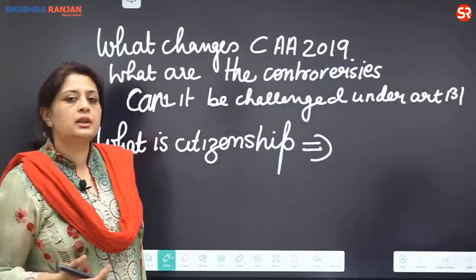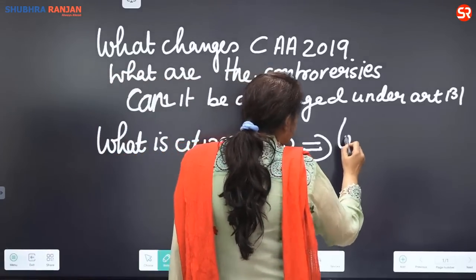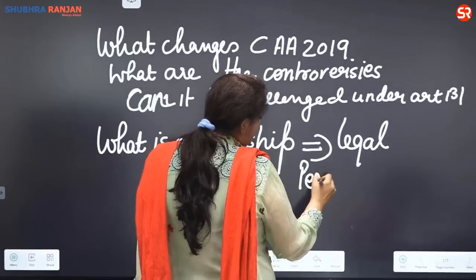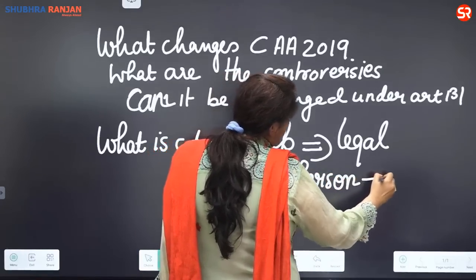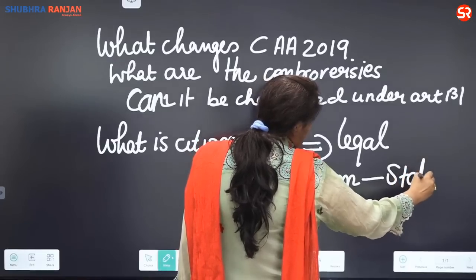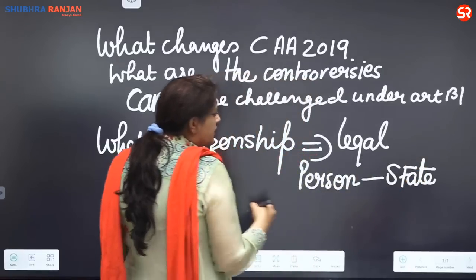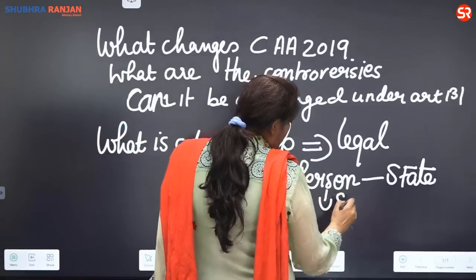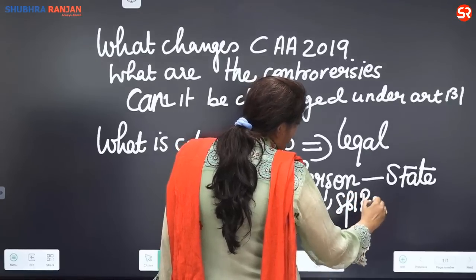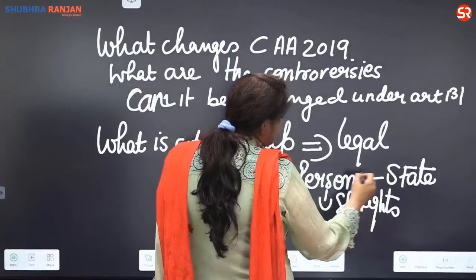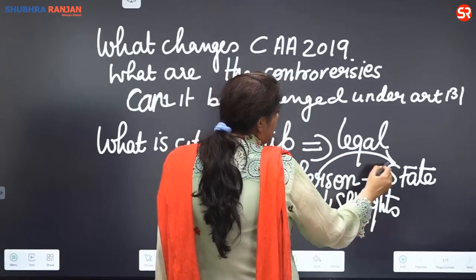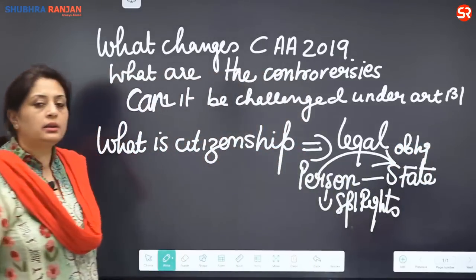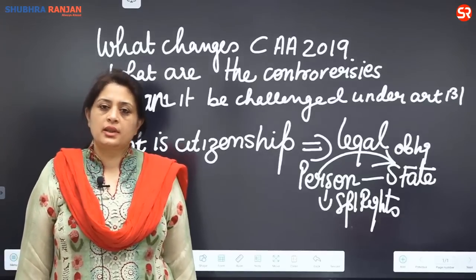Citizenship is basically a legal status between the person and the state of which he is a citizen. So it's a two-way street where the person gets certain special rights which are not available to non-citizens, as well as the person has certain obligations towards the state. So this is the general meaning of citizenship.